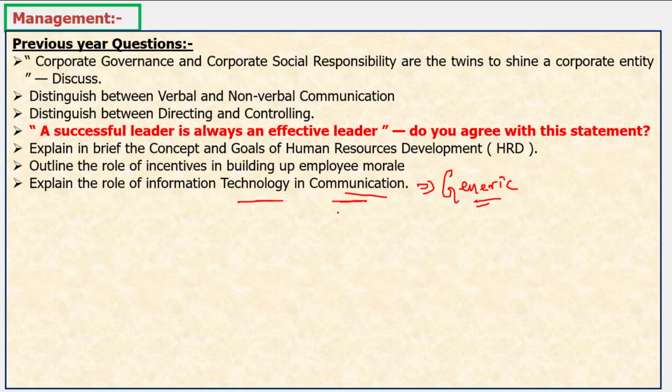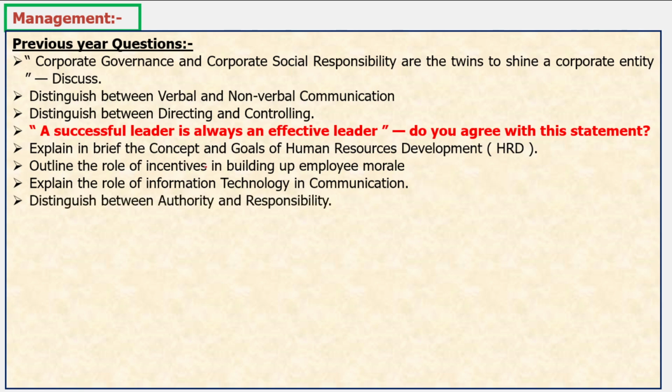This is a generic question. A little bit of data from your studies and you can really write a good answer in this. Next, distinguish between authority and responsibility. Now, if you do not know in reality how they are distinguished, then it would be very difficult. You will be very hard pressed to write an answer that would justify the question's importance.